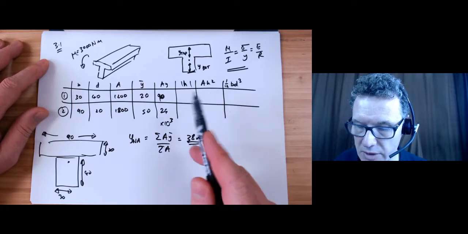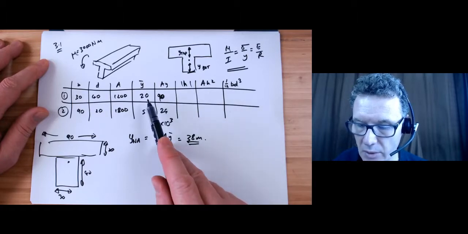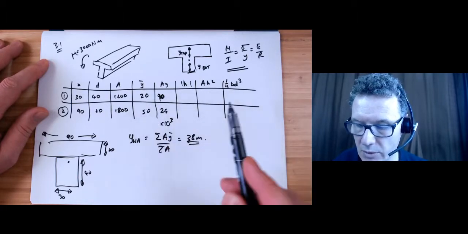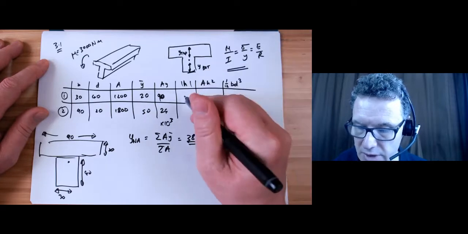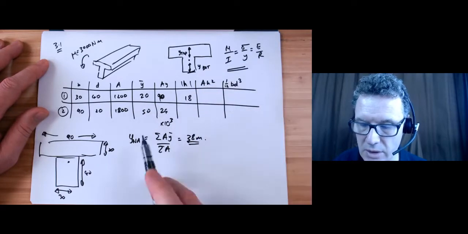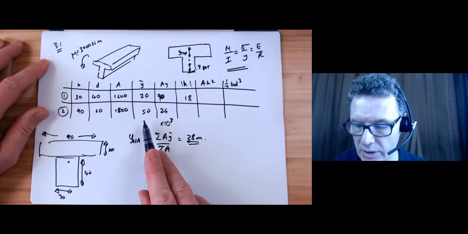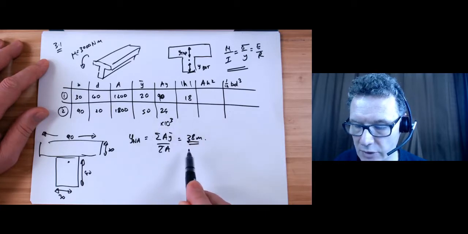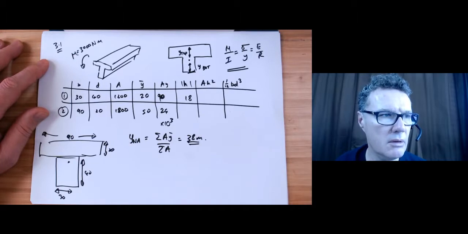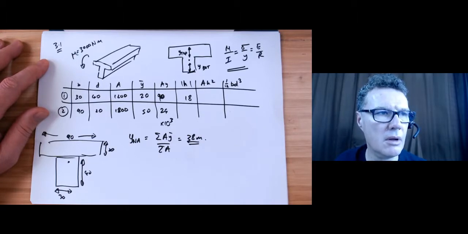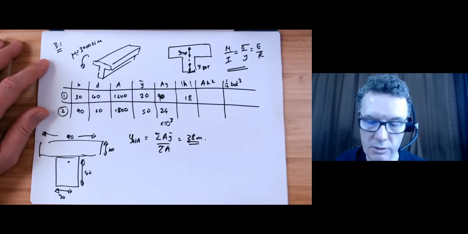So now I've got the 38 millimeters here. I can now take 20 away from 38, so that's 18. And I can take 50 away from 38, so that would be 12.